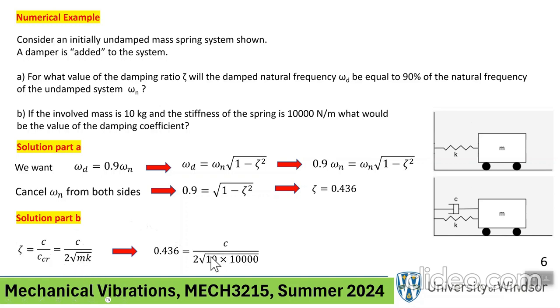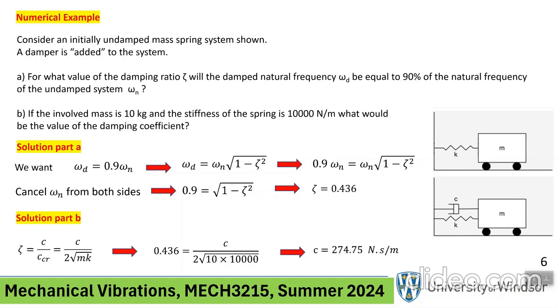Now, we plug in the stuff that you know. We just calculated zeta right there. We have m, we have k, get the value of C, and this is the value of C in this unit. All right. So that takes care of our first problem, which was fairly straightforward.